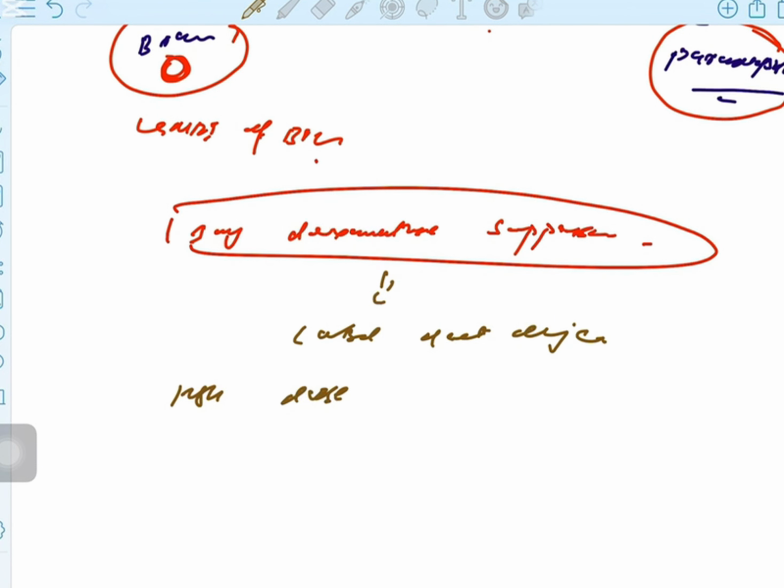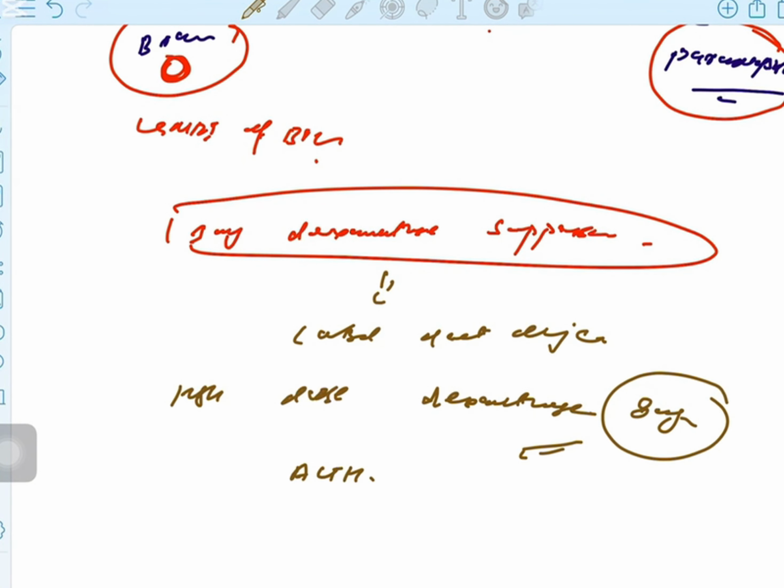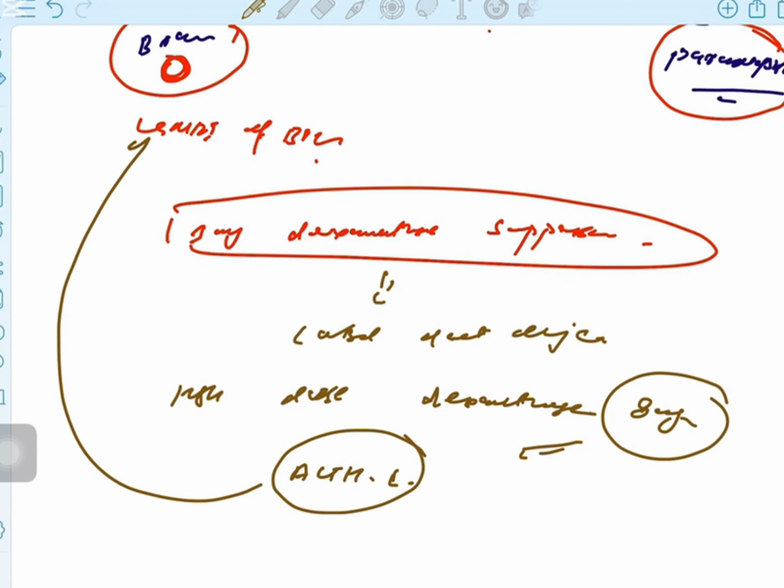What is the dose? 8 mg. We will give 8 mg dexamethasone to the person, and after that, if the ACTH level drops and is low, we will say that the problem is in the brain.